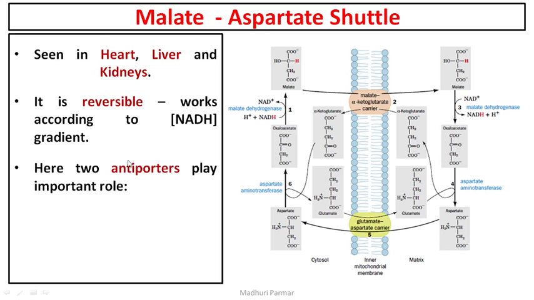Here, there are two main antiporters. Now, I know I have not yet taught you this term, but I just want you to know that anti means opposite, and porter. Have you ever heard of coolie, on the railway stations and all? In English, you call them porters.